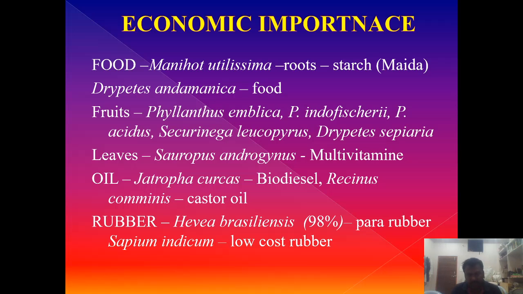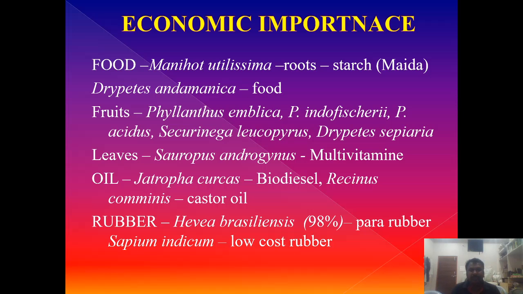Economic importance. The roots of Manihot utilissima contain starch and are edible. Generally, maida is prepared with this starch. Also Drypetes andamanica is used as food.